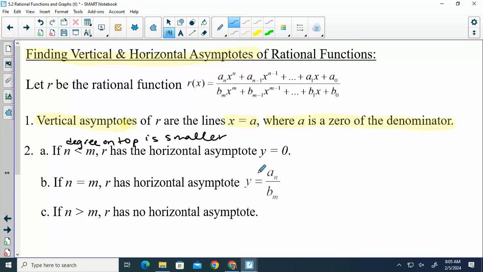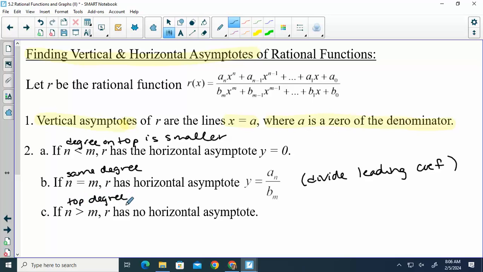Then it's an automatic y equals 0. If we have the same degree on top and bottom, then it's y equals a over b, or divide the leading coefficients. If the top degree is bigger, there is no horizontal asymptote.